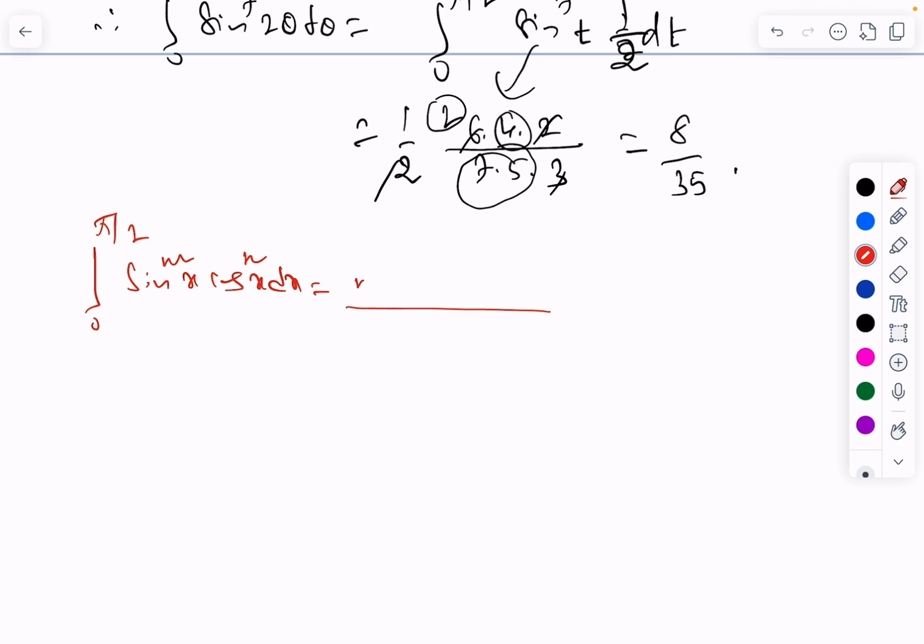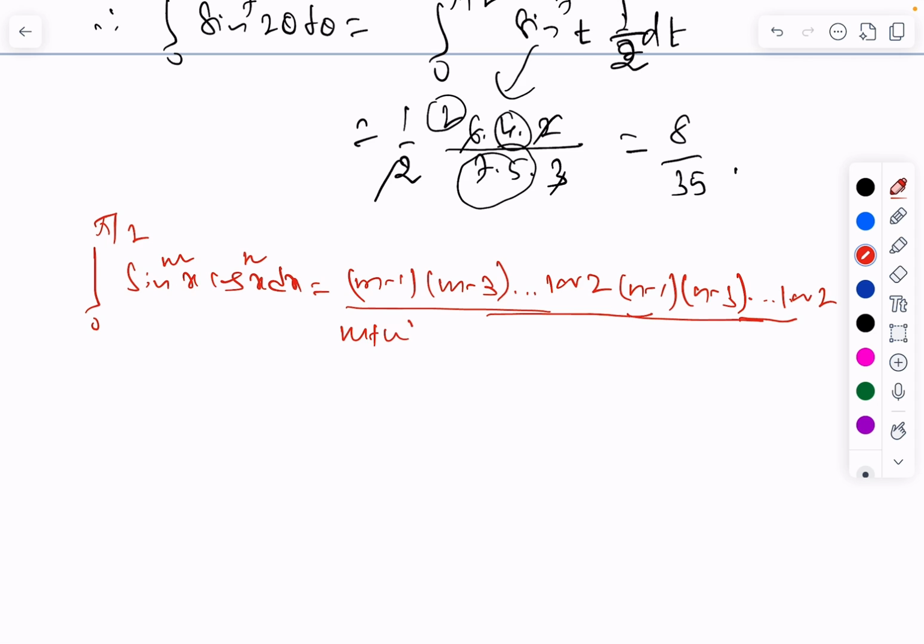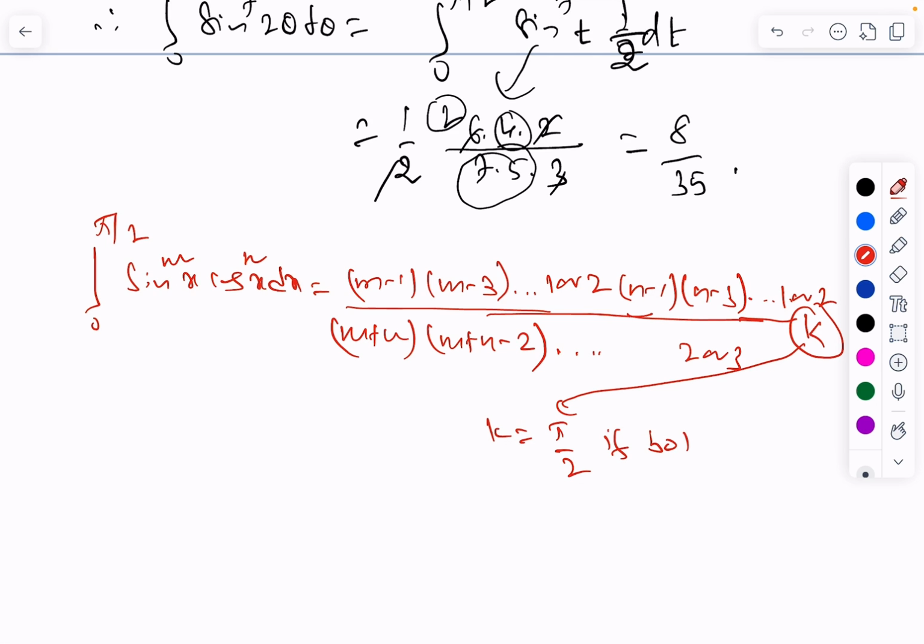And again, this is equal to m minus 1, m minus 3, continue to 1 or 2, then n minus 1, n minus 3, continue to 1 or 2, then m plus n, m plus n minus 2, and so on, continue to 2 or 3, and then multiply with k, where this k equal to pi by 2 if both m and n are even. Otherwise, the value of k is 1.